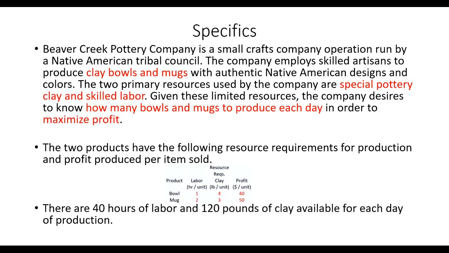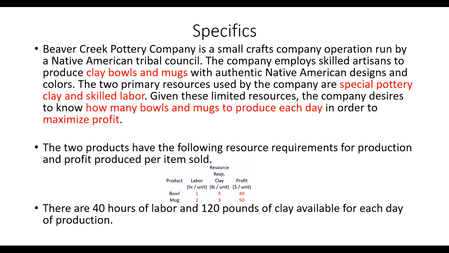So we see here the products are bowls and mugs. Labor is one resource. It requires 1 hour for a bowl, 2 hours for a mug. And clay is the second resource. It requires 4 pounds of clay for a bowl, 3 pounds of clay for a mug.